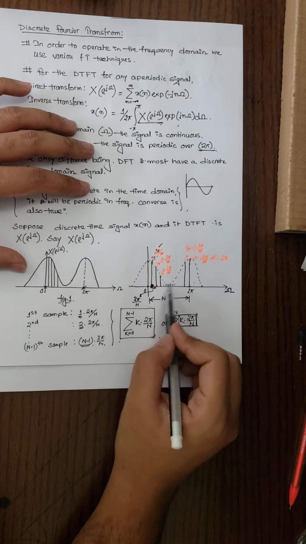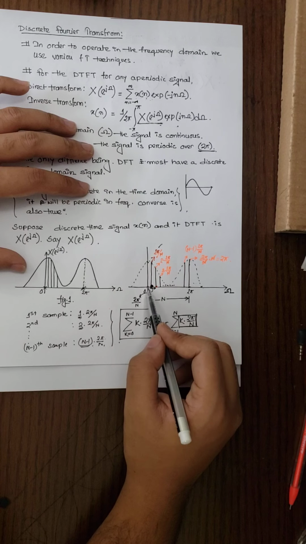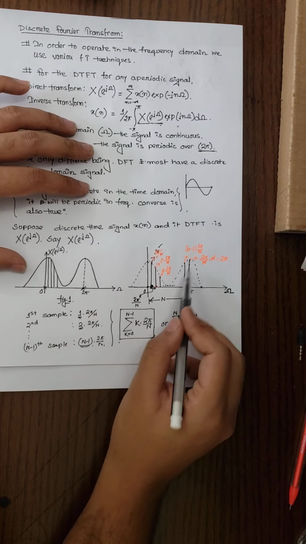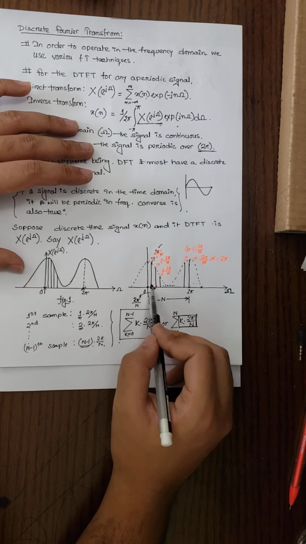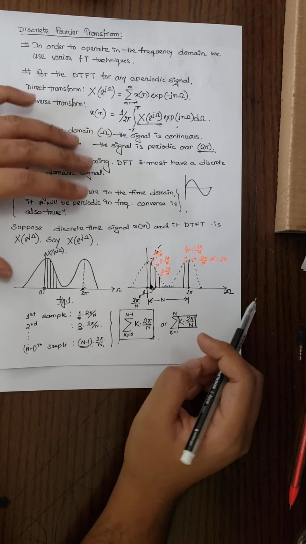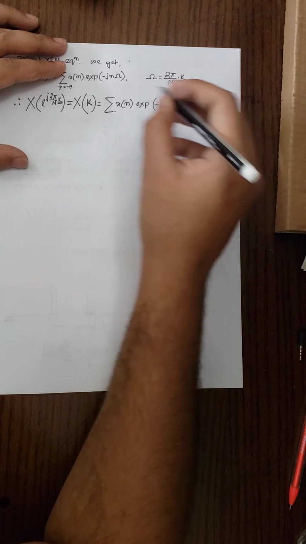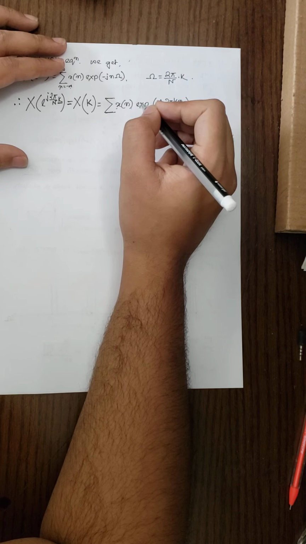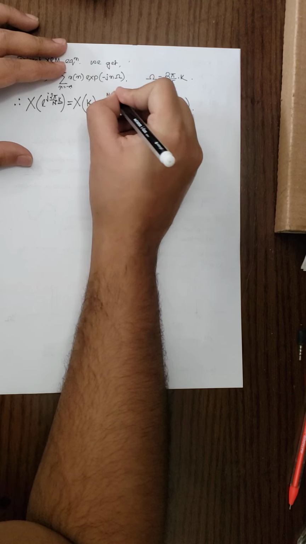Now if you look back, by the process of sampling, what we have essentially done to the frequency domain, needless to say, is that we transform this continuous signal into a discrete signal. So it is suffice to say that the signal is discrete in the frequency domain, and consequently it will generate a periodic signal in the time domain. So this time domain signal will be periodic, and so the limit will go from 0 to n minus 1.